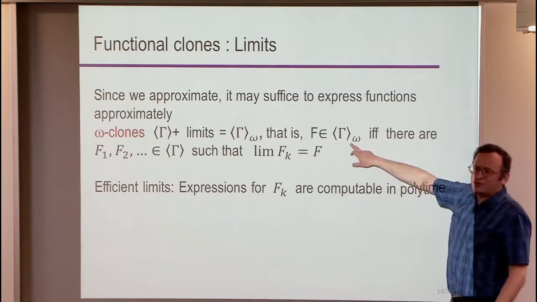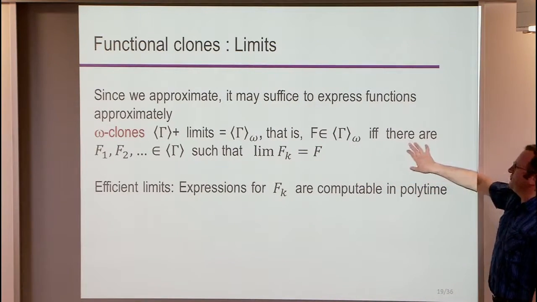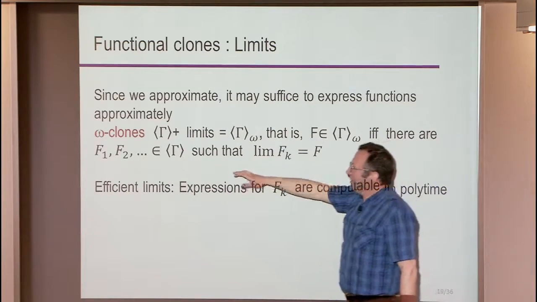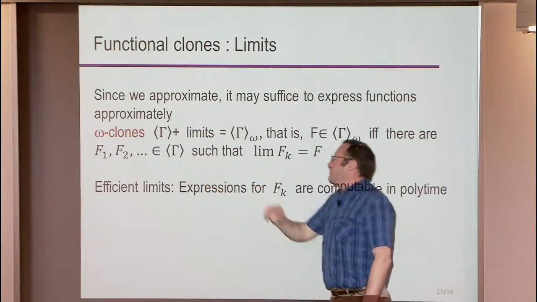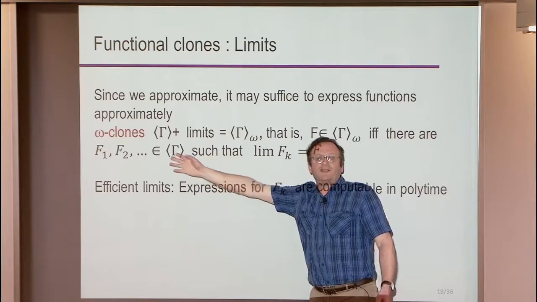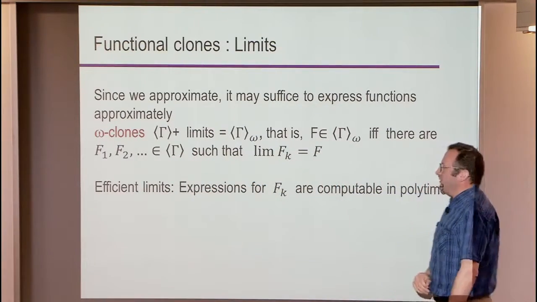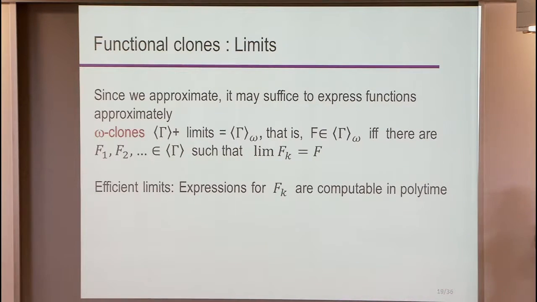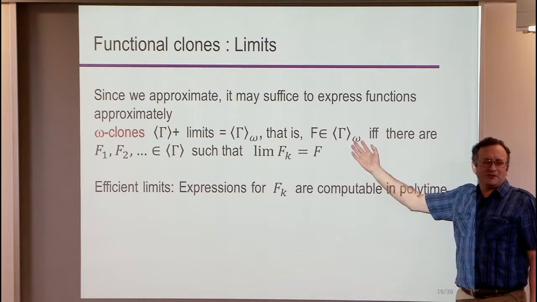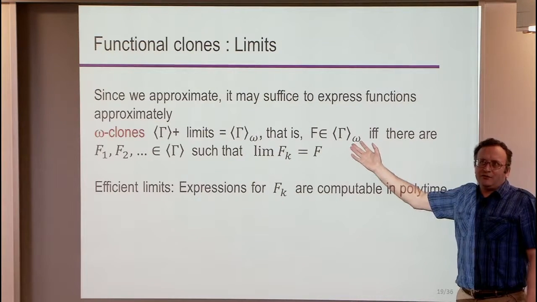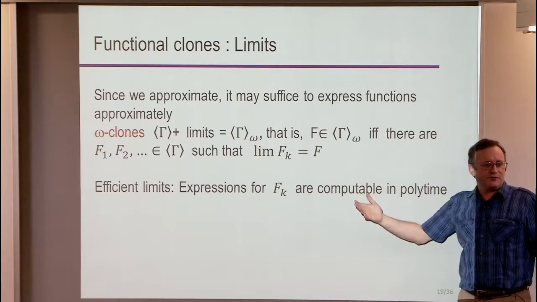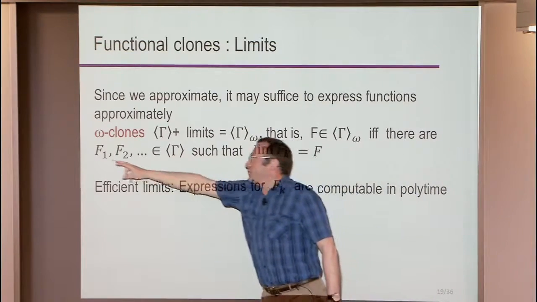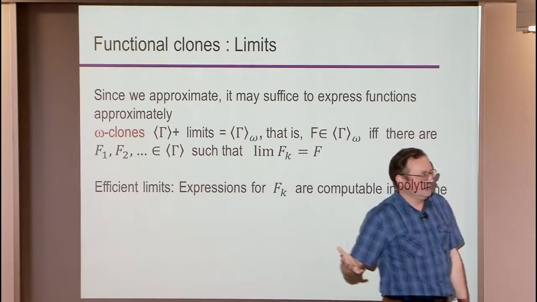A function belongs to this omega clone if and only if it can be expressed as a limit of a sequence of functions, each of which belongs to the functional clone. Right? So I can take limits. Unfortunately, generally speaking, limits don't have to behave well with respect to approximation preserving reductions, because constructions for those functions may be very complicated, of course.